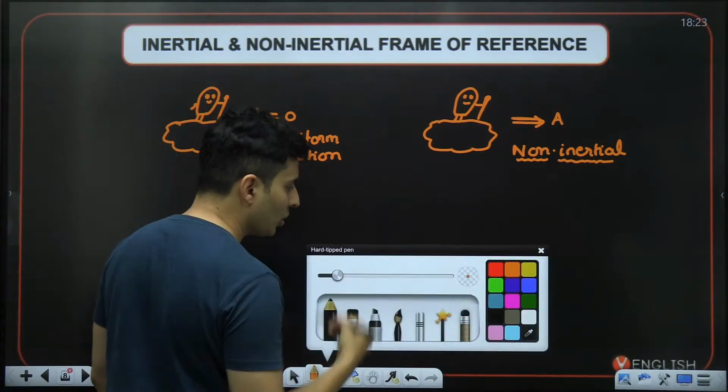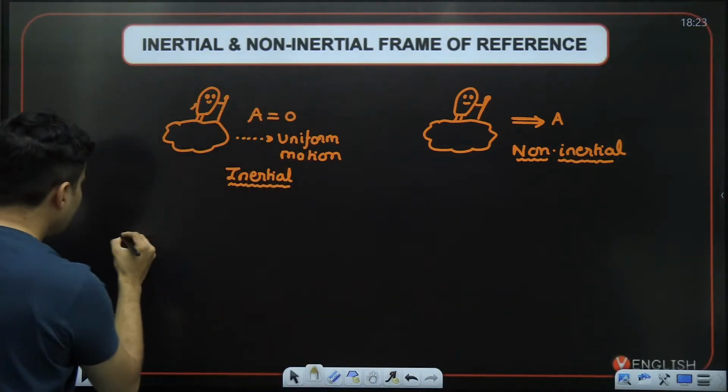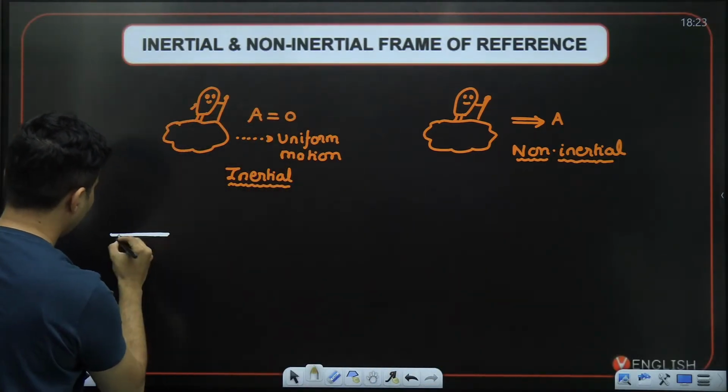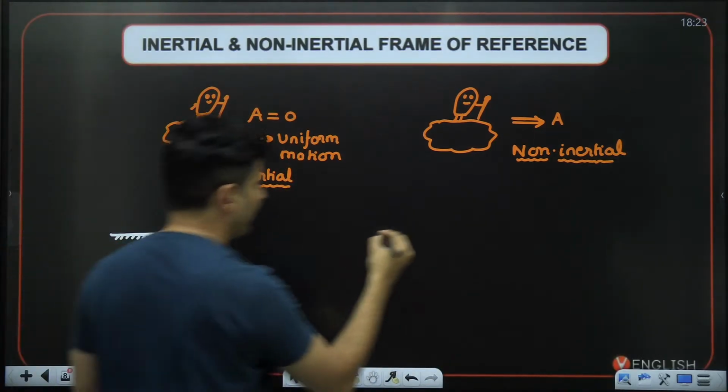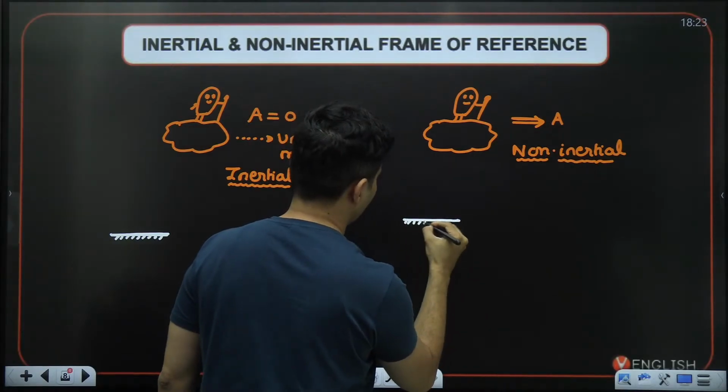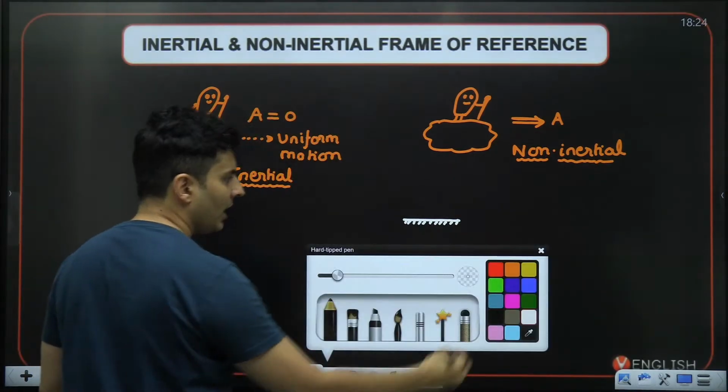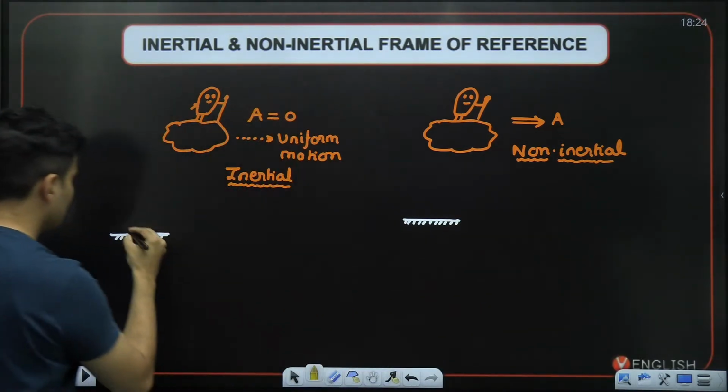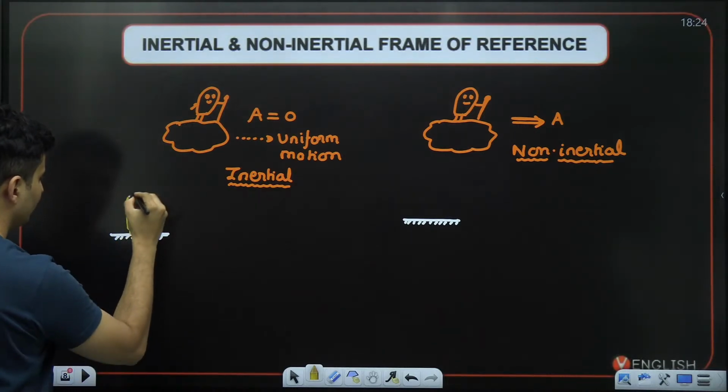What happens is both these Pandus see a Champa on the ground, Champa on earth. Say for example, this is our beautiful Champa.